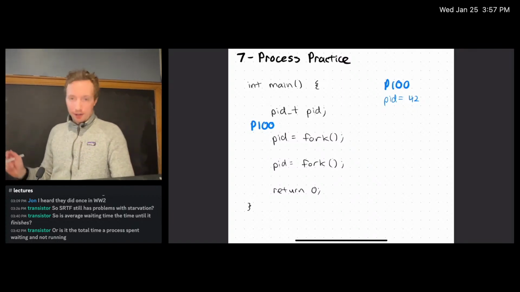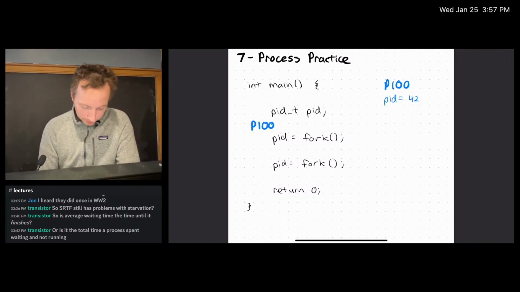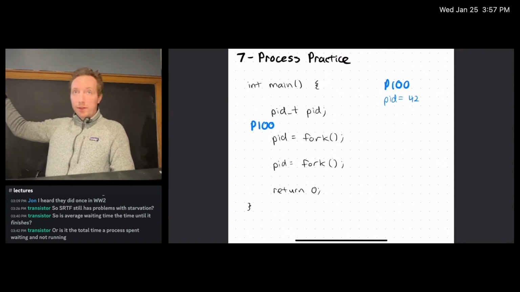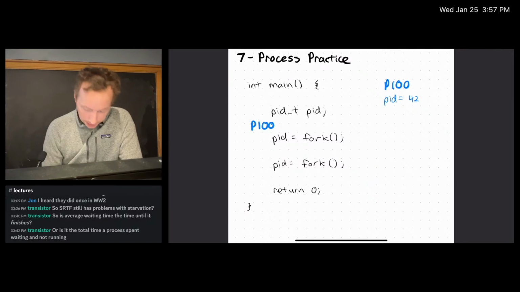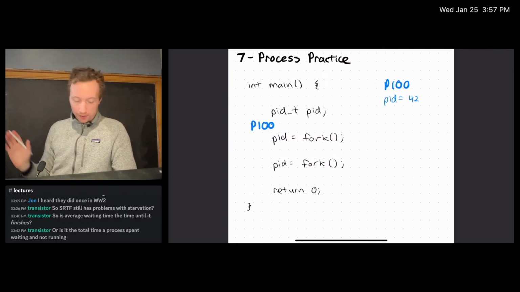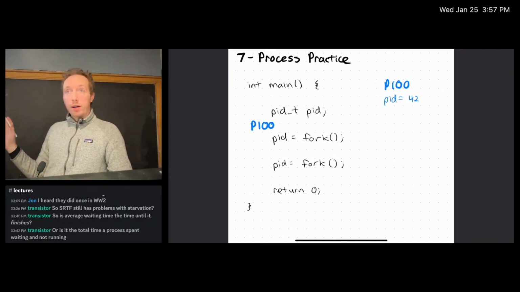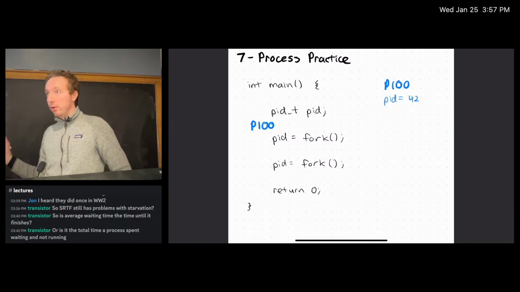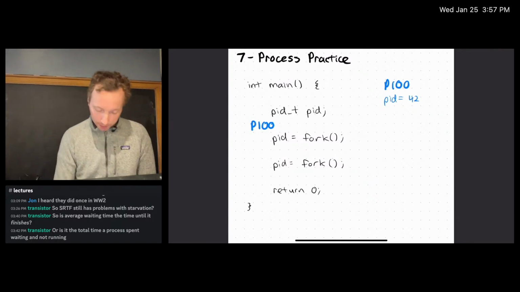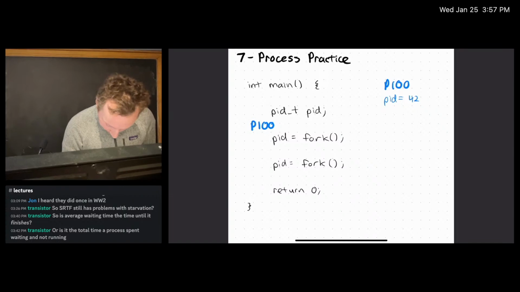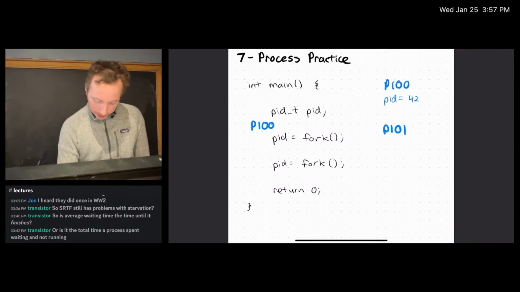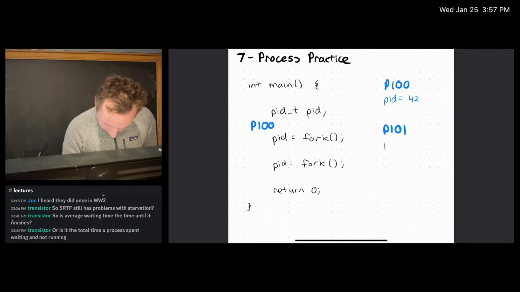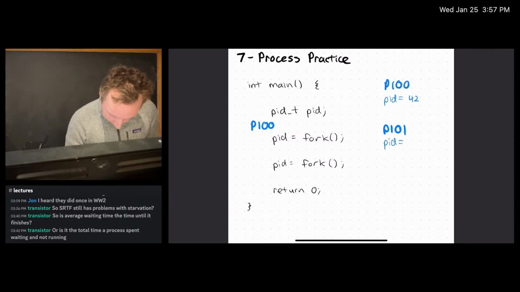Then when you fork, there is one process that calls fork. In this case, process 100 calls fork, and that's what gets cloned. So process 100 would get completely cloned, and then a new process would pop up that is an exact clone. Process 100 would make process 101, and it would actually get that value of PID 42.